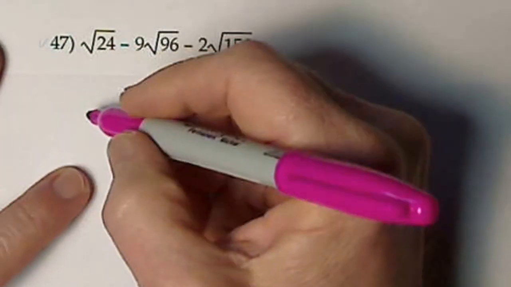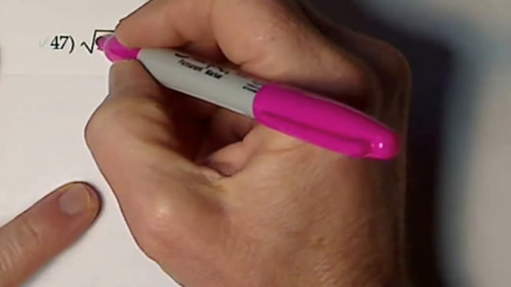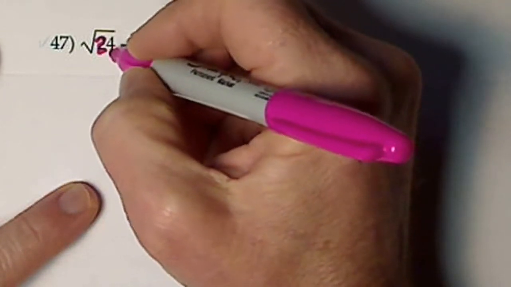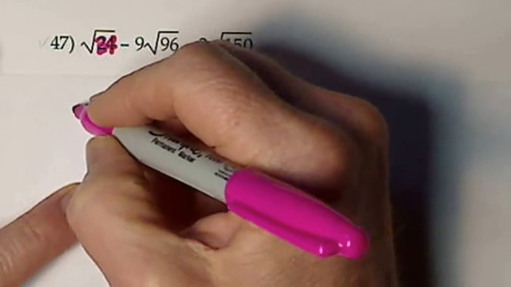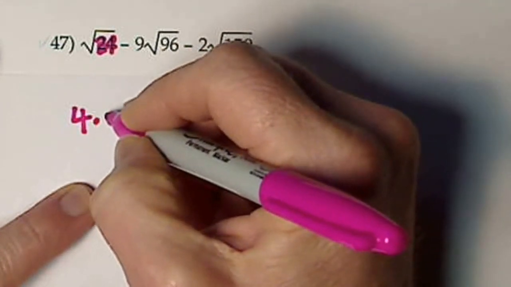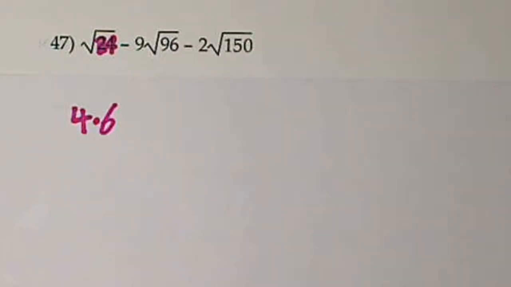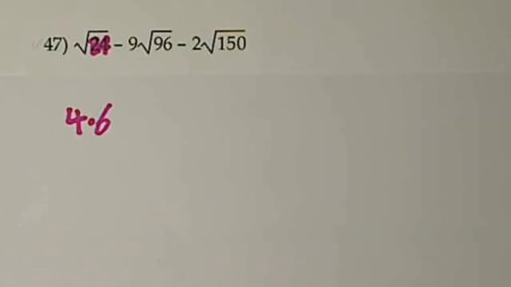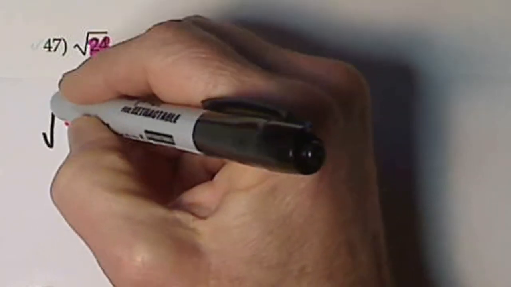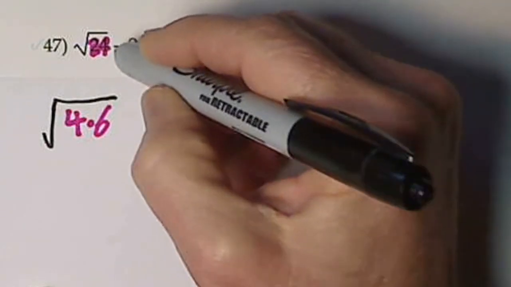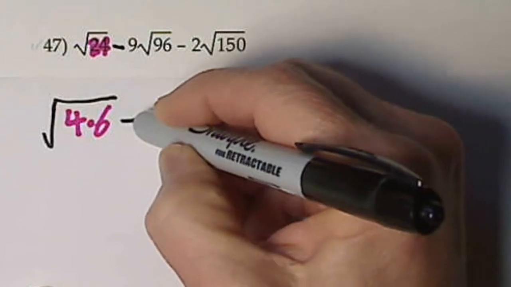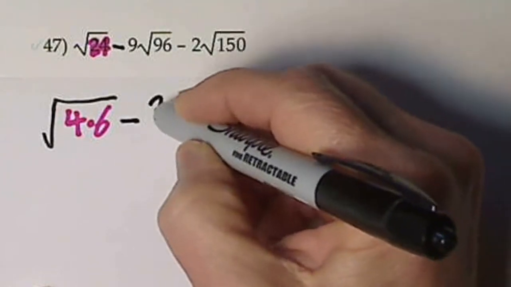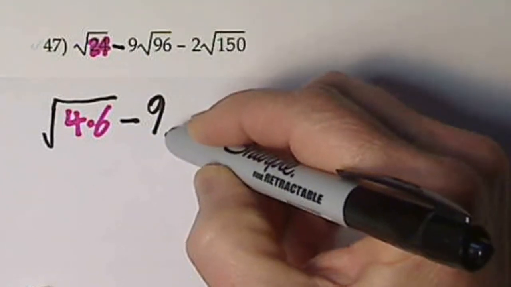Alright, so 24 can be written as 4 times 6. Alright, so I'll keep that. Notice it's still under the radical sign. Bring down this minus right here, and the 9. Okay, and this radical sign.